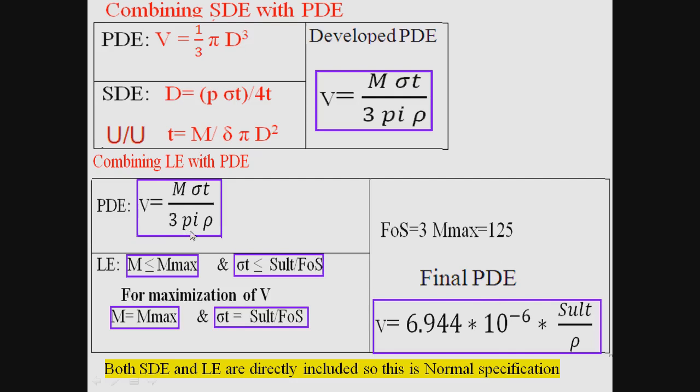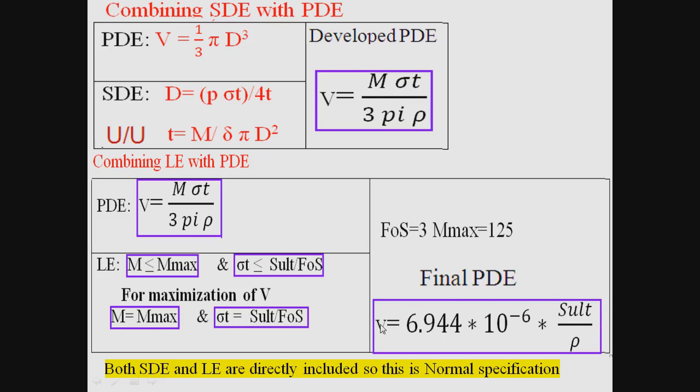Suppose the mass should not be more than 125, so substitute the value 125. P is given, so substitute that value. Then we get the final equation in this form: V is equal to 6.944 into 10 raised to minus 6 into SUT by rho.